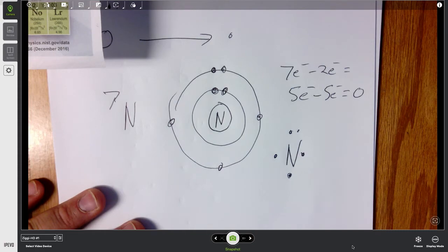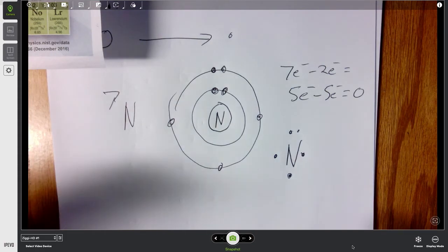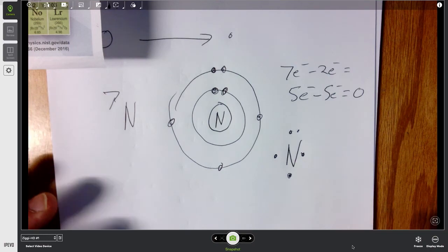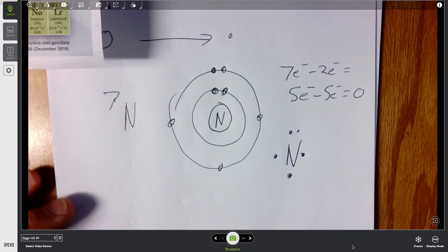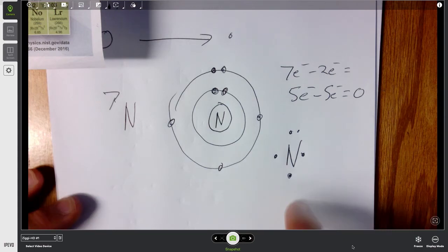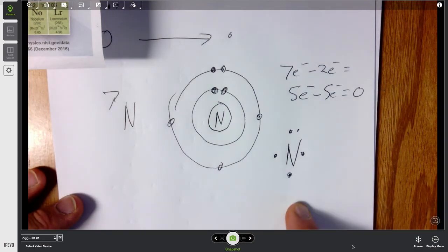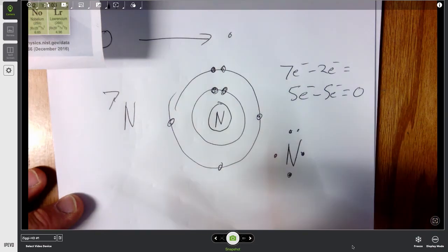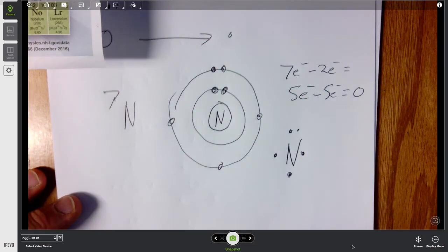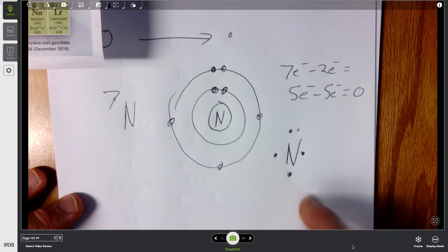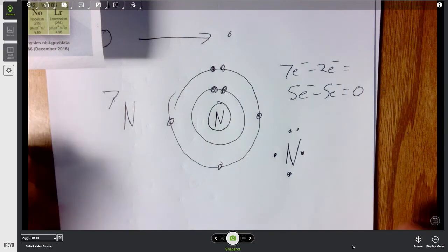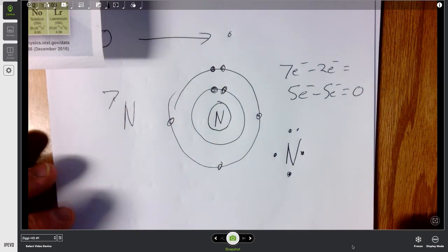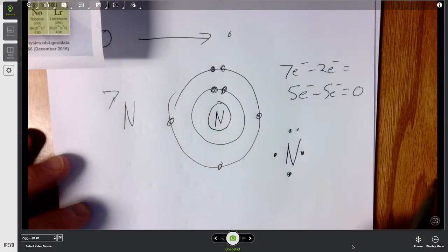Okay? And what the Lewis dot diagram allows us to do is skip all the rings and everything else. Because when we get to the point where we're using Lewis dot diagrams to make Lewis dot structures, we don't want to have to draw out the Bohr model every single time. A Lewis dot diagram takes care of everything we need. We only need to know how many valence electrons it has to make a structure.